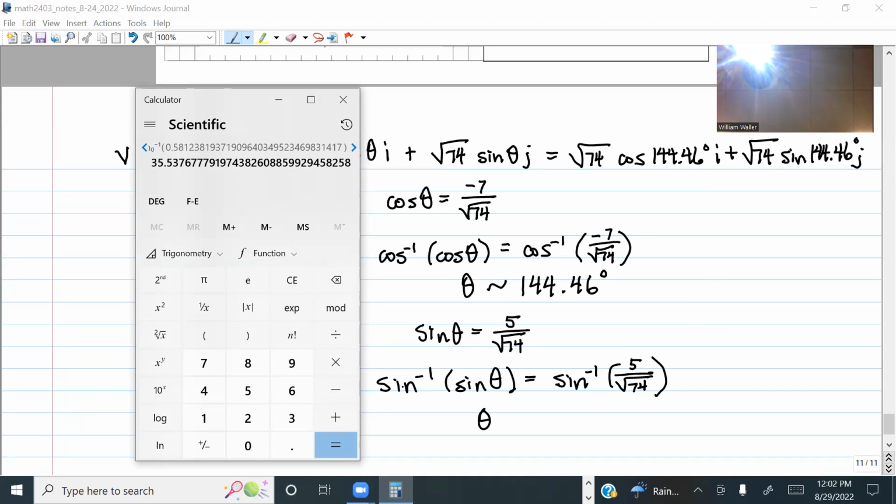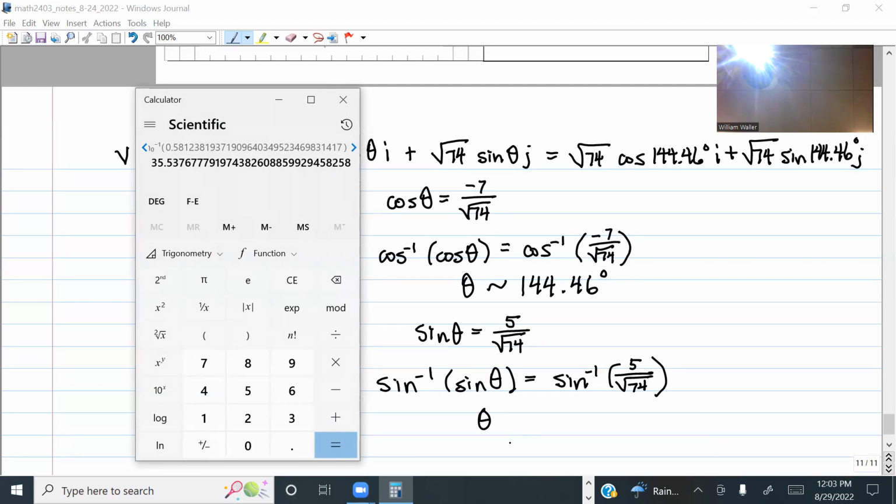When you write arc sine, that's really the inverse of the restricted sine function. So the range of the inverse sine function is minus pi over 2 to pi over 2. So we ended up with an angle from minus pi over 2 to pi over 2, including the first quadrant.